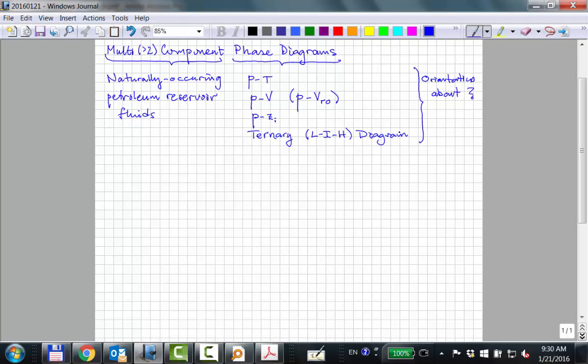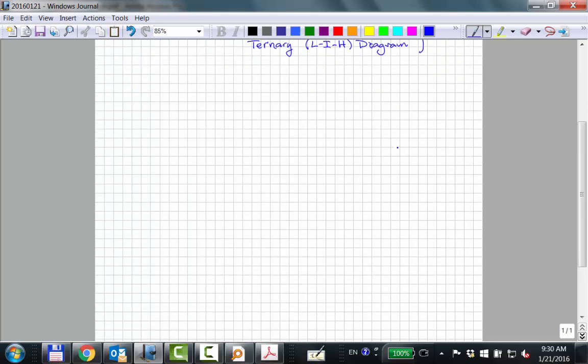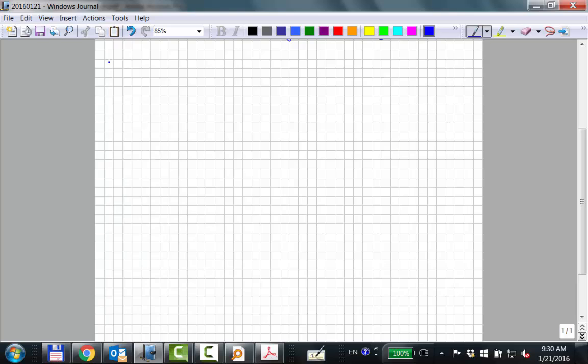All right. And we're moving out of single components and out of two components. We're moving into actual mixtures. So I'm going to sketch for you first the pressure temperature diagram, a generic pressure temperature diagram for a petroleum reservoir mixture.